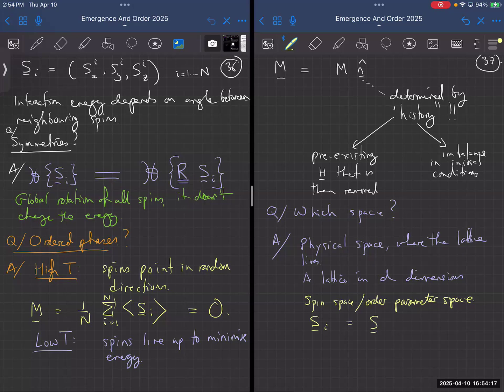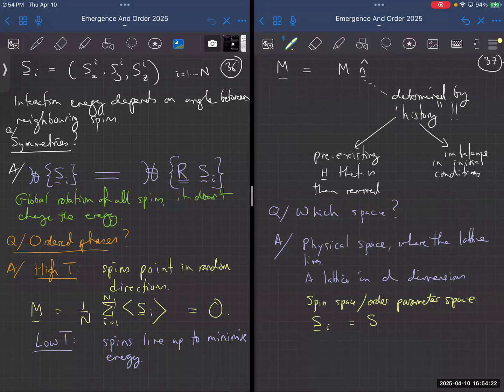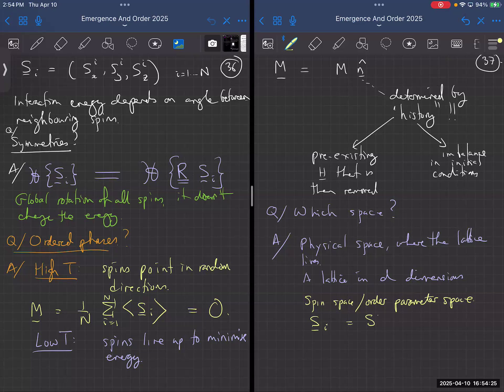That could have n components, and n does not necessarily have to equal d. So this could be S_i1, S_i2, S_i3, all the way up to S_iN. So that's the dimensionality of the spin space. So I've got an n component vector. So here I've got a lattice in d dimensions, and then over here I have an n component vector for the order parameter.